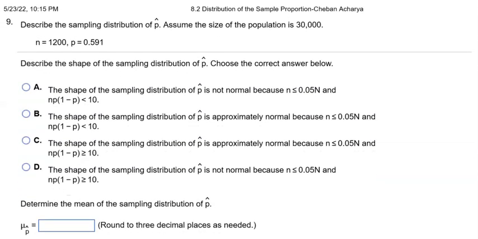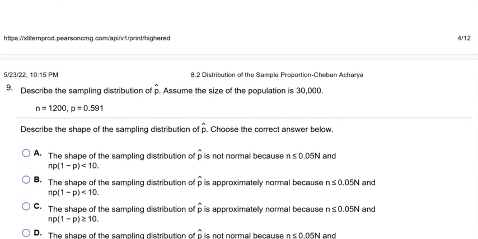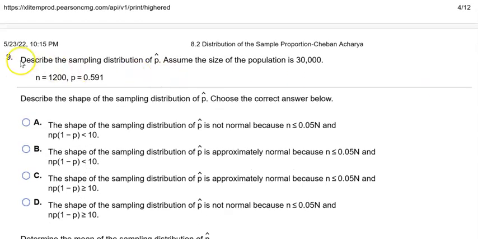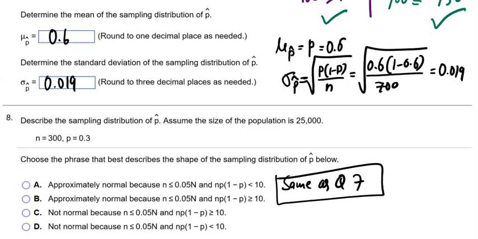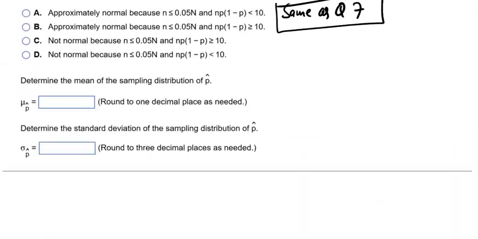Question number 9. Again, this is similar to questions 7 and 8, because the question asks you to describe the sampling distribution of p hat, the sample proportion. Assume that the size of the population is 30,000. This is the uppercase N, and lowercase n is 1200. P equals 0.059, and you do the same as we did in questions 7 and 8.